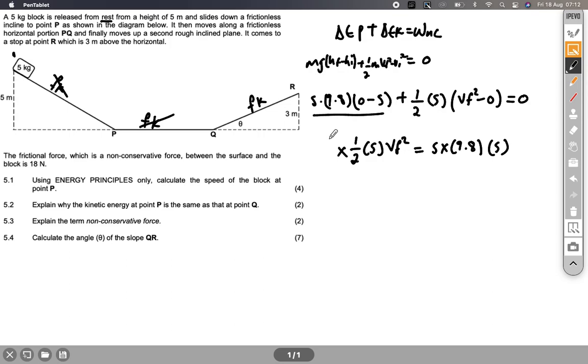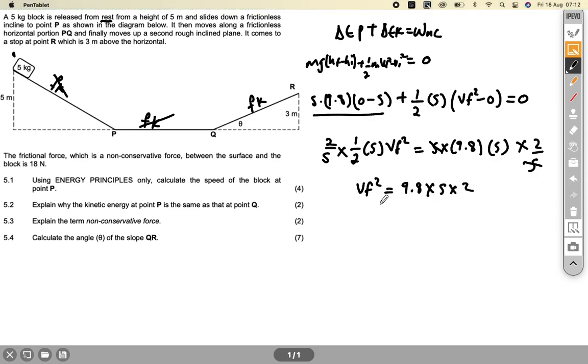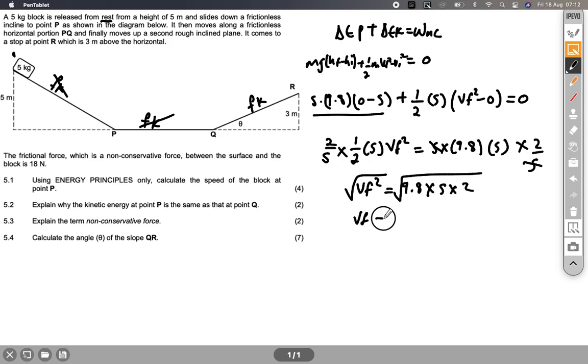So v final squared is equal to, this 5 and this 5 are going to cancel out. So you're going to be left with 9.8 times 5 times 2, which then you will square root to get v final as 9.9 meters per second.